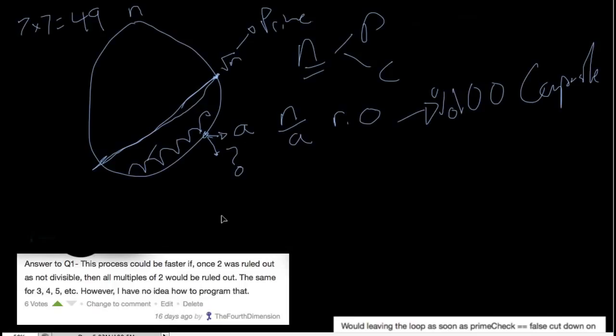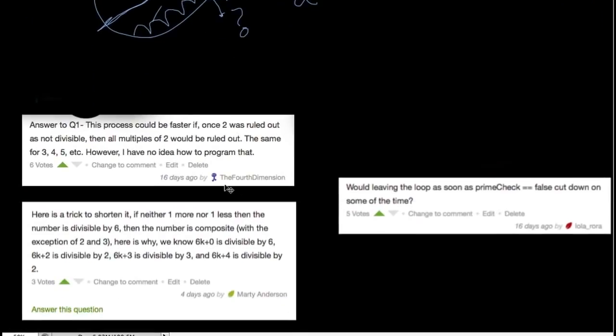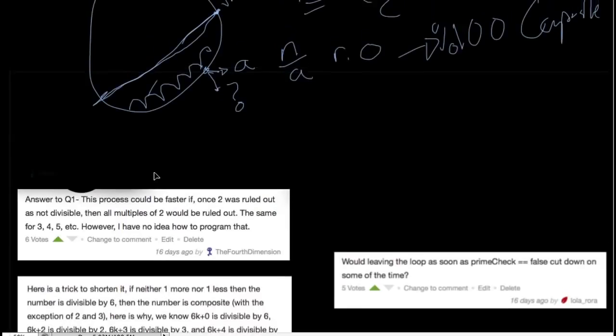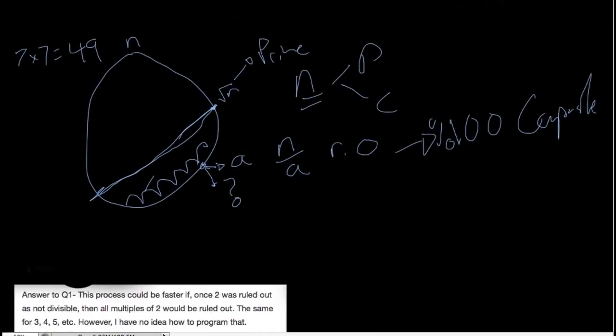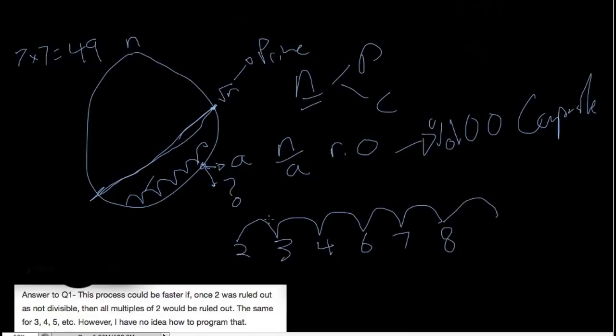So the first set of questions asks, once we rule out 2 as not dividing, then all multiples of 2 could be ruled out. The same for 3, 4, 5, etc. So that's a really great point. Our old algorithm was stepping along one at a time, but we could be using patterns we know about composite numbers, such as we know for sure that if a number is divisible by 2, then it's composite, if it's greater than 2, so 2 is prime.